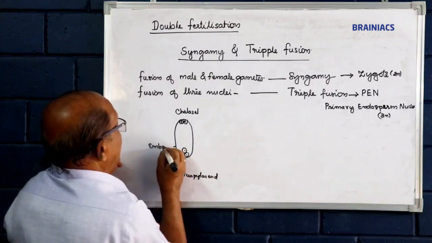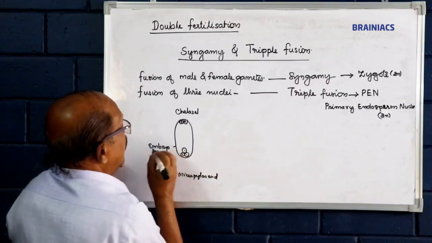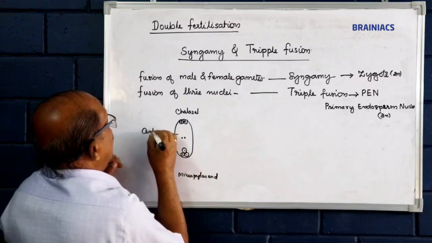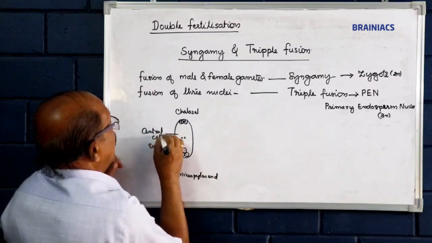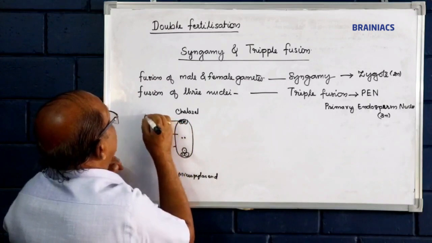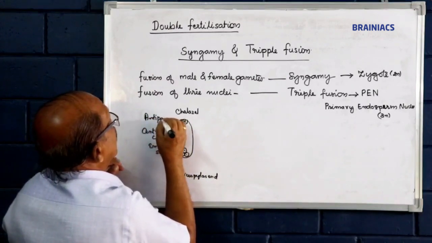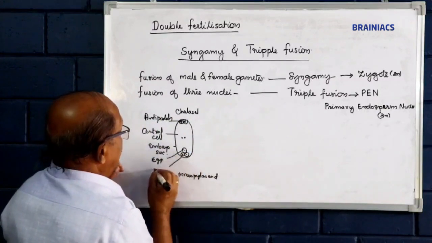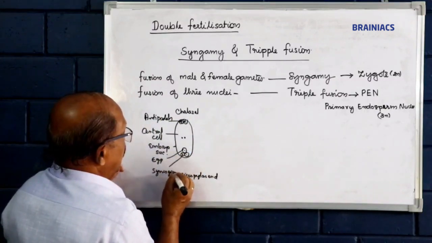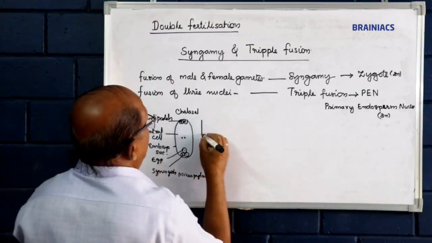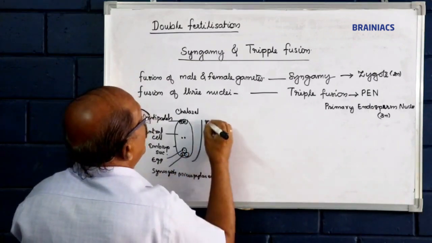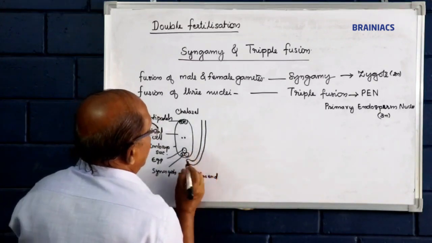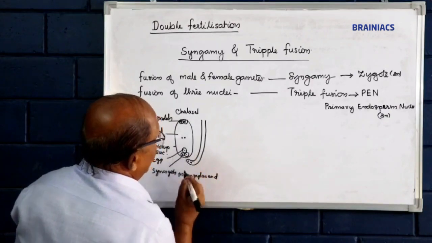The embryo sac has two polar nuclei, the central cell, antipodals, egg cell, and synergids. This is the pollen tube coming through, with the tube nucleus and generative nucleus.